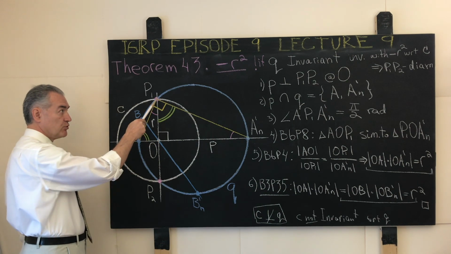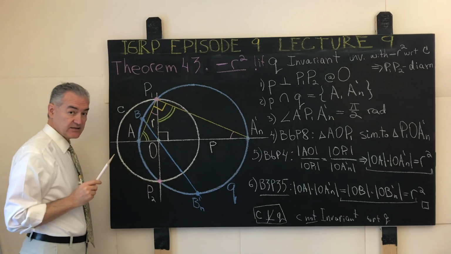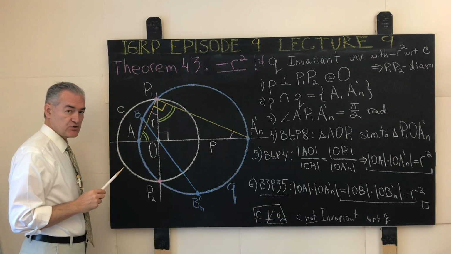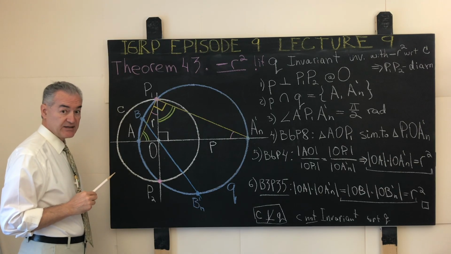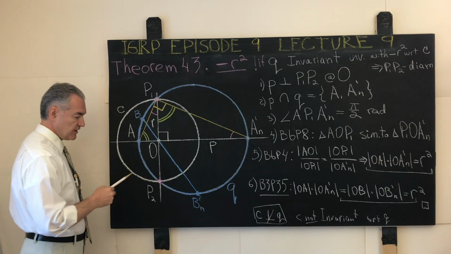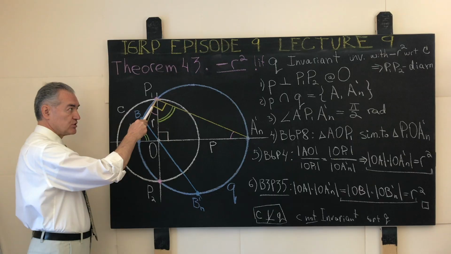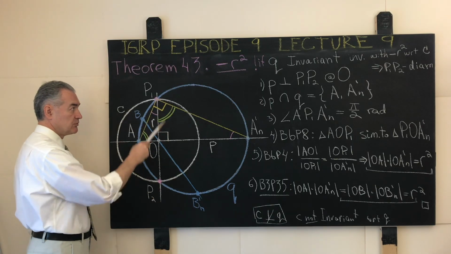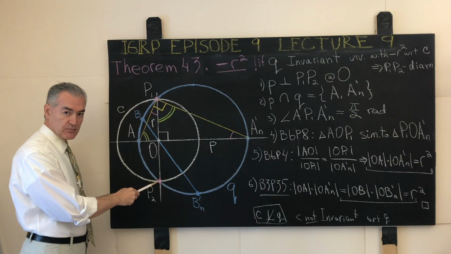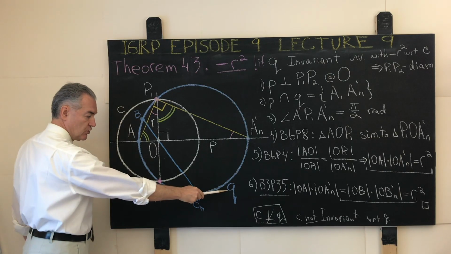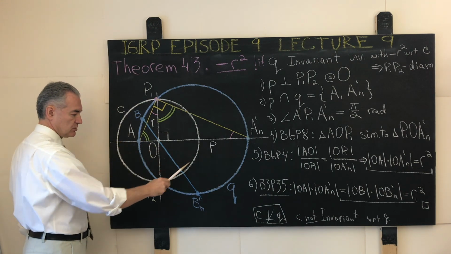But the points P1 and P2 belong simultaneously to as many geometrical objects as such objects intersect. In this case, we have two objects that intersect, and that means that the point P1 belongs not only to the circle Q, but also to the circle C. And likewise, the point P2 belongs not only to the circle Q, but also to the wide circle C shown on your left.